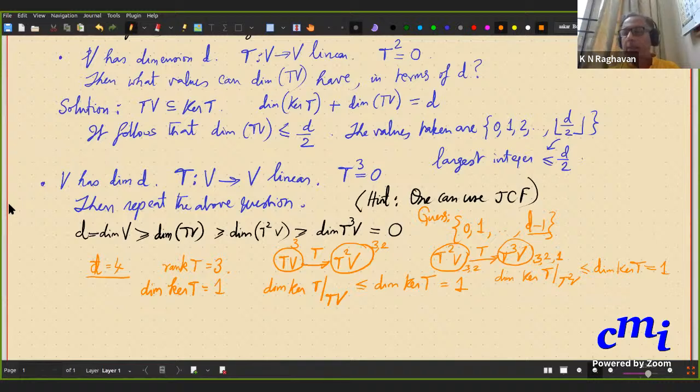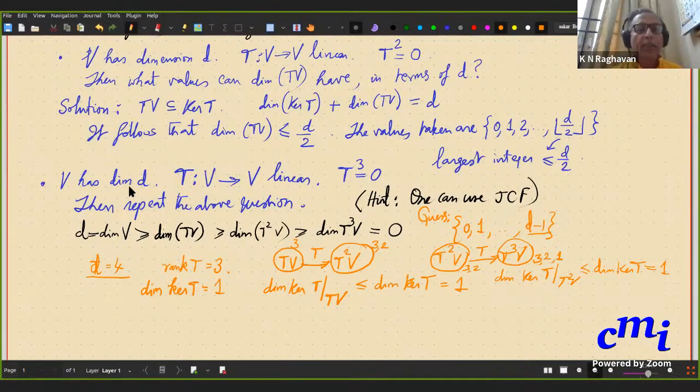Similarly, in mathematics, this is a low-level proof, in the sense that you have to get your hands very dirty, and it's not clear how you could possibly do the case when I give you T to the 100 equal to 0, or T to the 4 or T to the 5 in general.